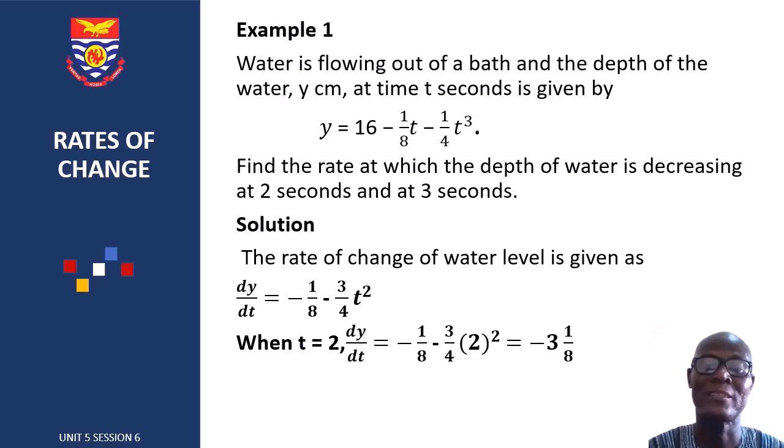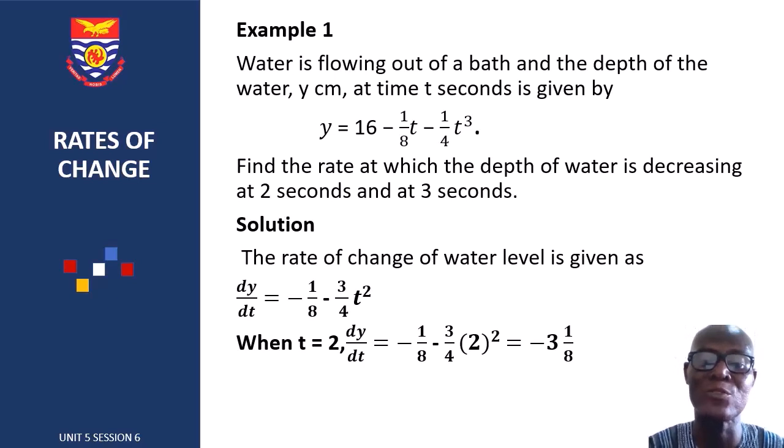Then minus 3 over 4 t exponent 2, that is when we differentiate the term 1 over 4 t exponent 3, it gives 3 over 4 t exponent 2.